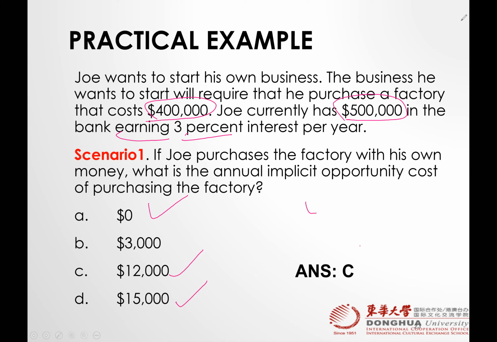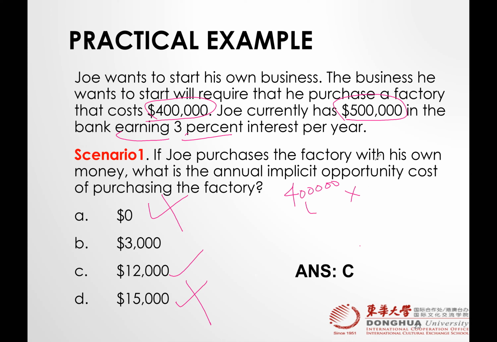Let's discuss that. Those who say A, not good. Those who say D, not good. If he purchases the factory, he has to spend $400,000, right?